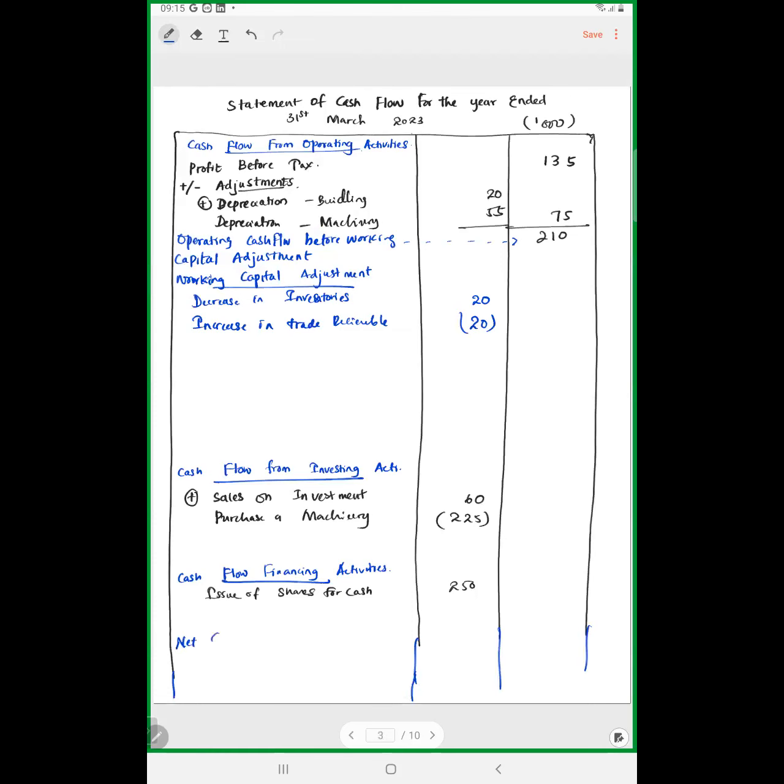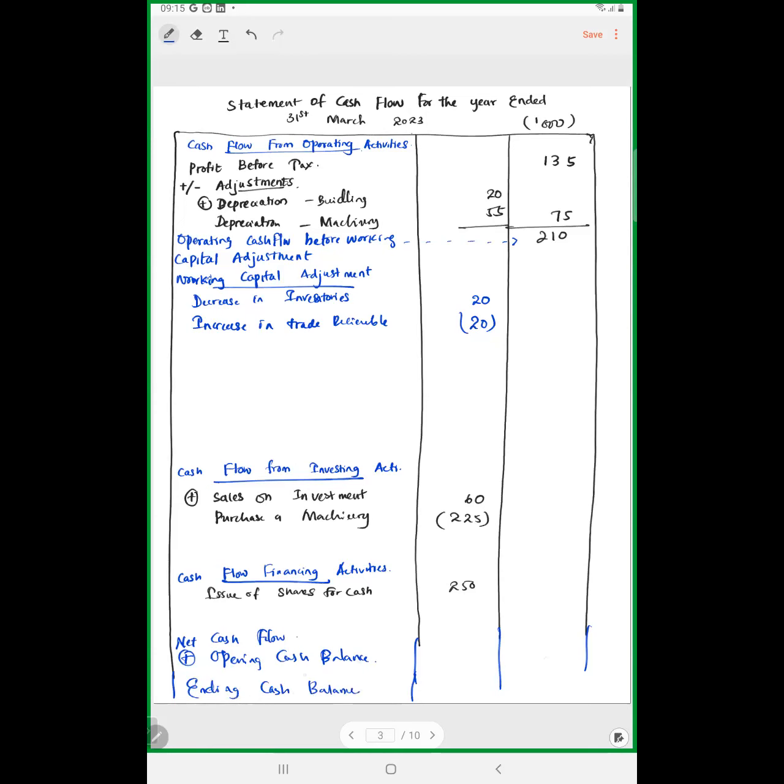Net cash flow plus opening cash balance, and we can find the ending cash balance.